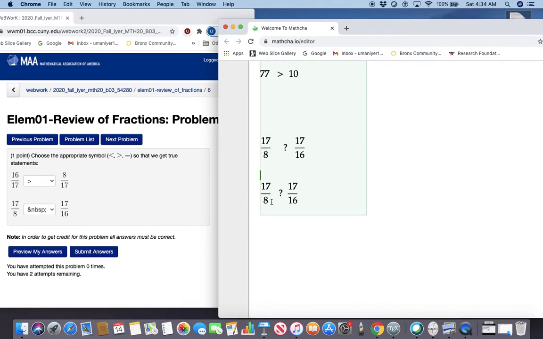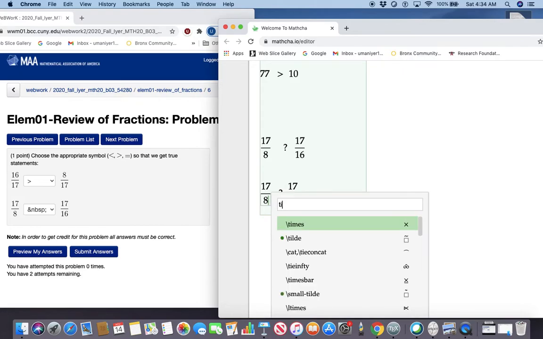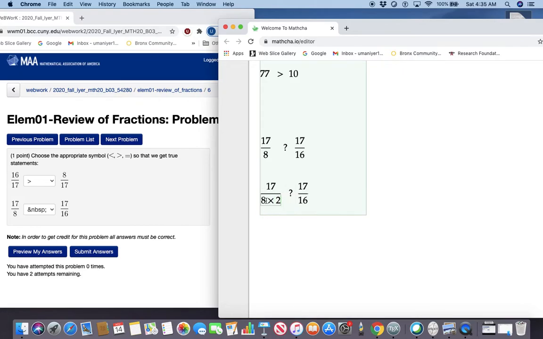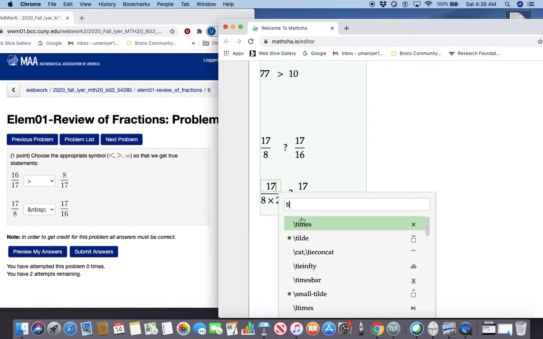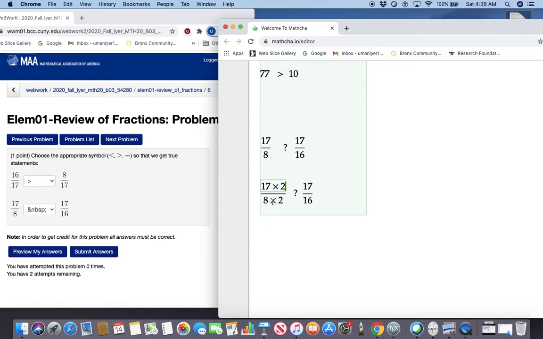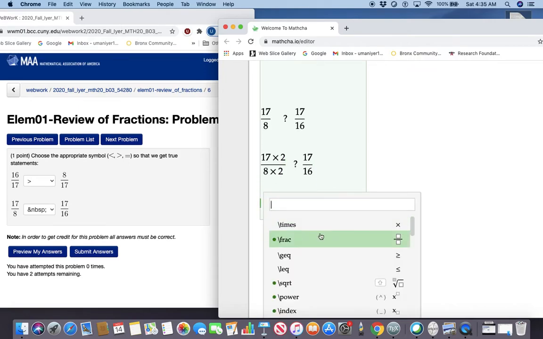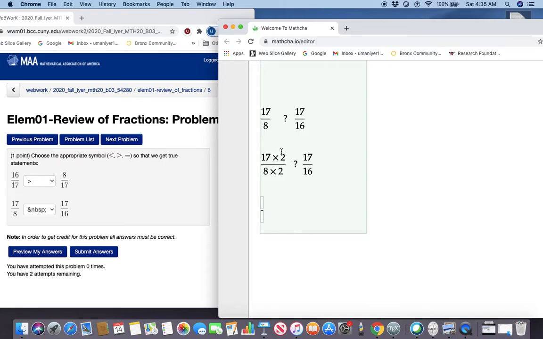Notice here, 8 and 16: all I have to do is multiply 8 by 2 and I get 16 in the denominator. But whatever I do downstairs, I must do upstairs. So if I multiply the denominator by 2, I must multiply the numerator by 2. 17 times 2 is 34, 8 times 2 is 16.